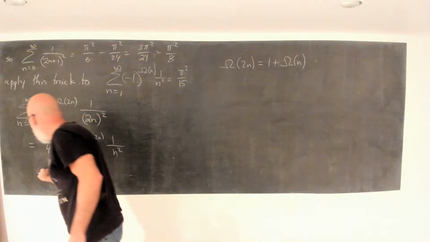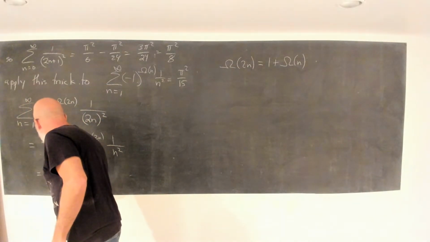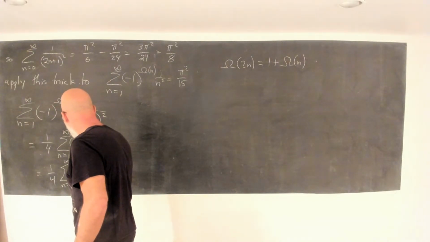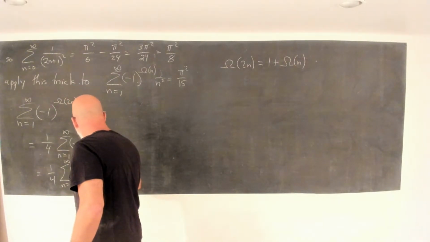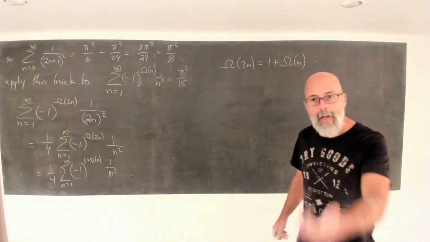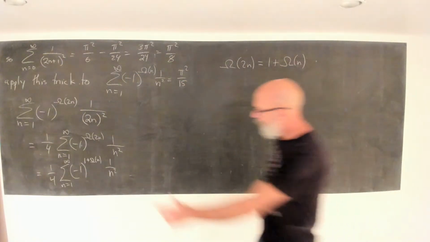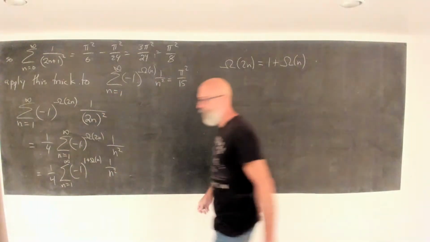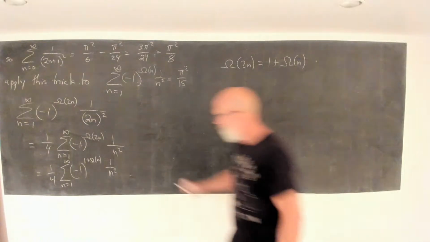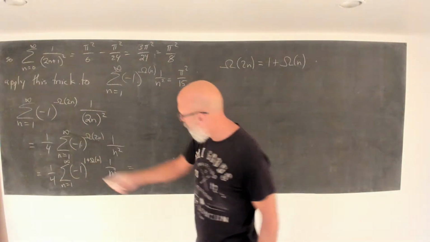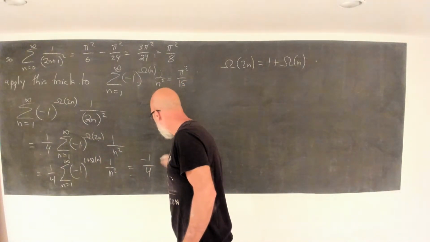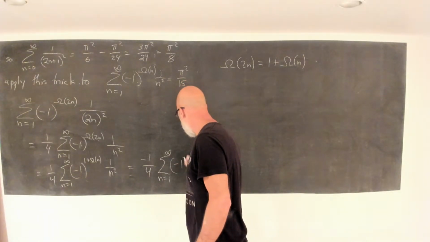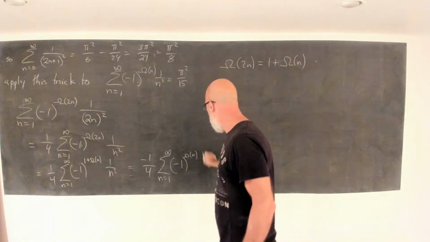So this is -1 to the 1 plus omega n, 1 over n squared. And then take a -1 outside, because -1 to the 1 plus that is -1 to the 1 times -1 to the omega n. So take a -1 outside, -1 over 4, -1 to the omega n, 1 over n squared.